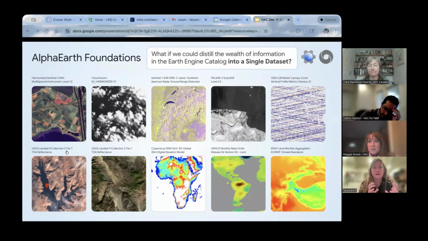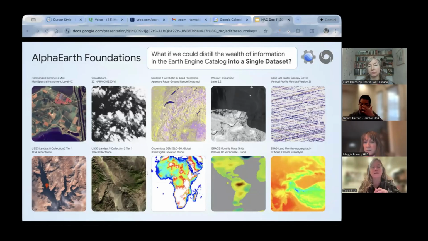So the question was, could we distill the wealth of all of this information into a single data set using AI to be able to find patterns across these different data sets at a pixel level through space and time, and accelerate the work that researchers, government agencies, and geospatial customers do to make better maps.